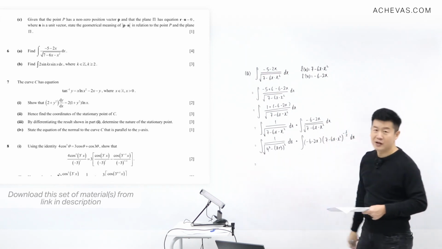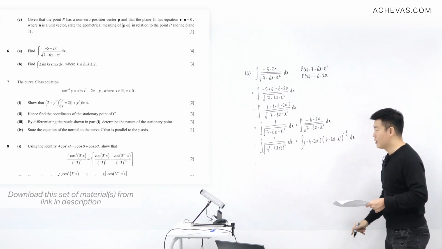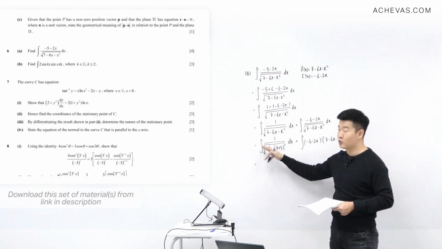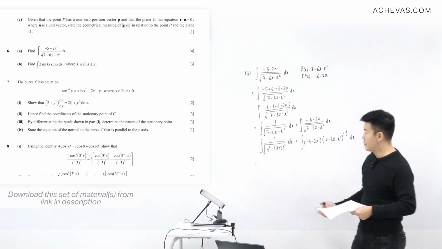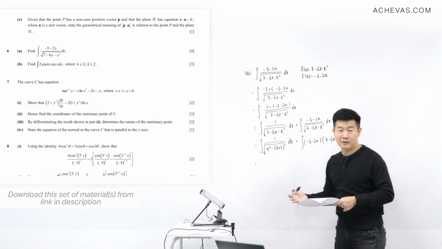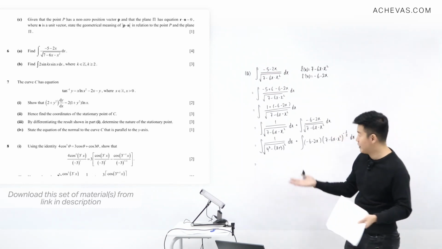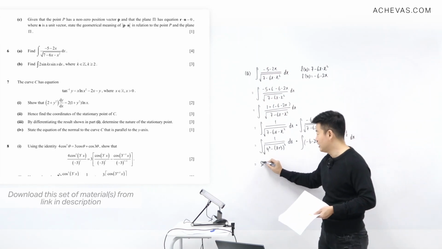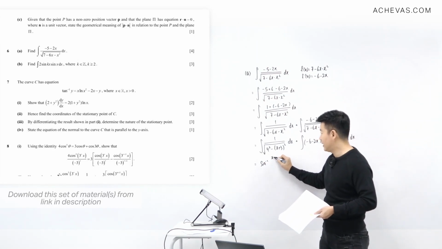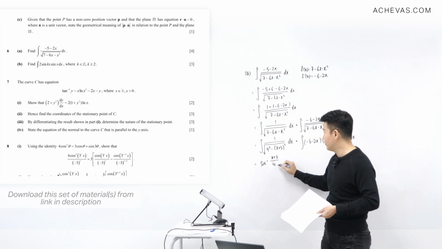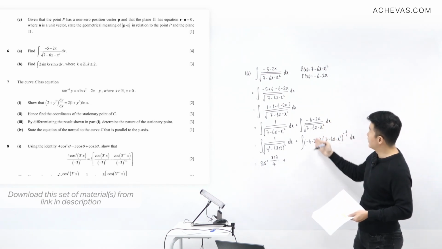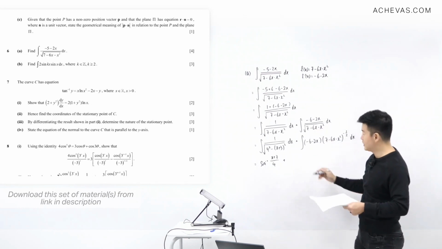So for what I have here, this can now be integrated because what we have is f(x) to be x plus 3 and f prime x is equal to 1, which is always going to be in front. By making use of the formula in our formula sheet, or if you have already memorized this, this is going to be related to sine inverse. So this is going to be sine inverse of (x plus 3) over 4. Then as for this, integrating this, this is f(x), this is f prime x, according to what we have discussed previously.